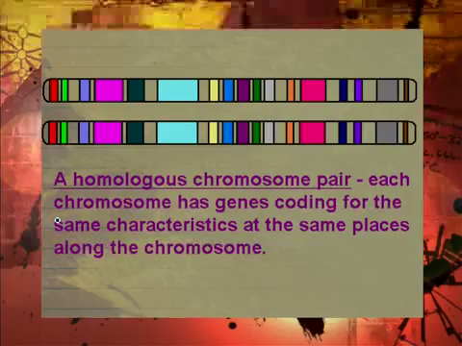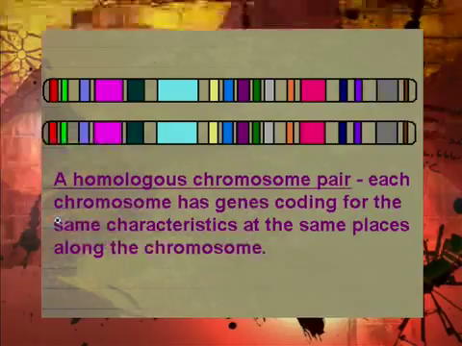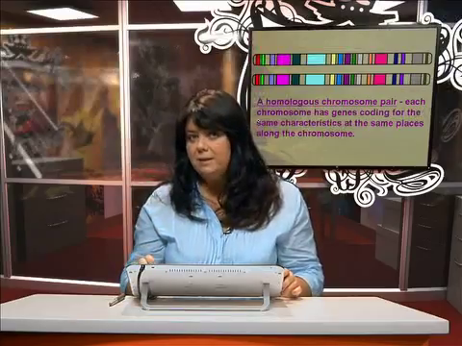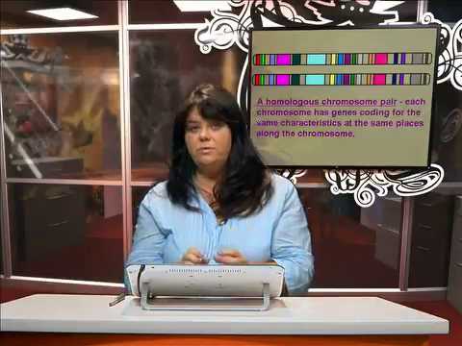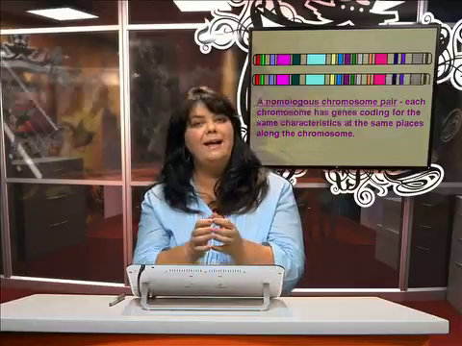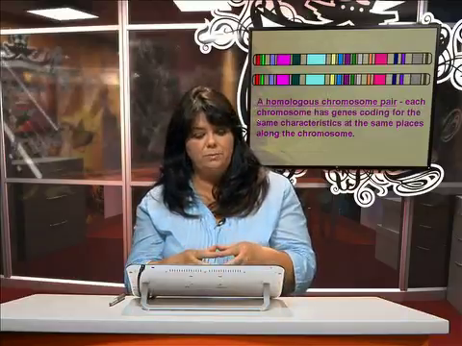Now, what you have in each one of your body cells is homologous chromosome pairs. And what do we mean by homologous chromosome pairs? Well, you have inherited one set of chromosomes from your mother, one set of chromosomes from your father, and in each one of your cells you therefore have a double set of chromosomes.